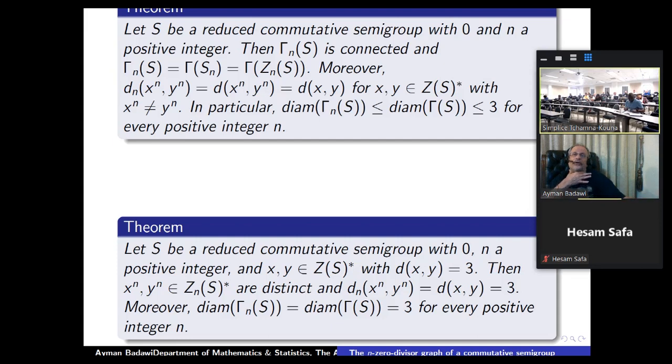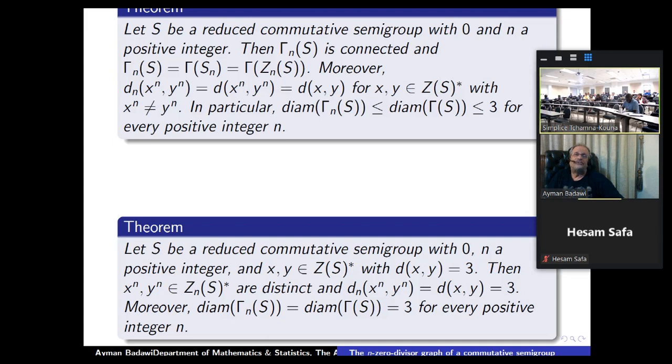Okay? For a reduced commutative semigroup, it turns out that it's always true that the N-zero divisor graph of S is equal to the classical zero divisor graph of Sn. By the previous theorem, that means the graph has to be connected. And the nth distance between x to the n and y to the n has to be the same as the distance between x and y.